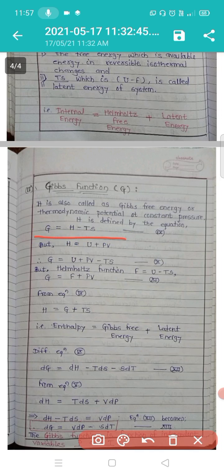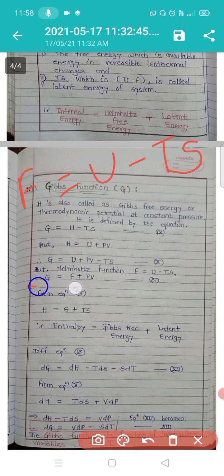We have G = H - TS, where enthalpy is given by H = U + PV. Putting the value of H in the equation, we get G = U + PV - TS. But the Helmholtz function is given by F = U - TS.